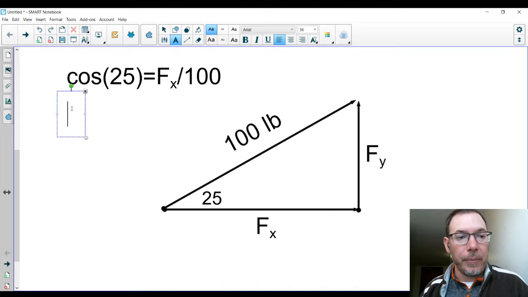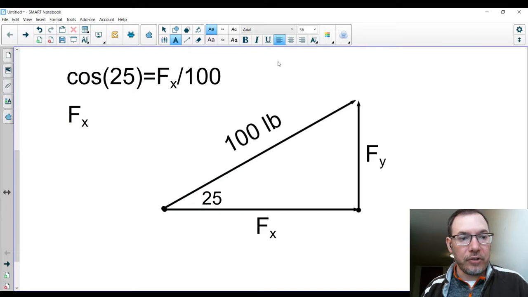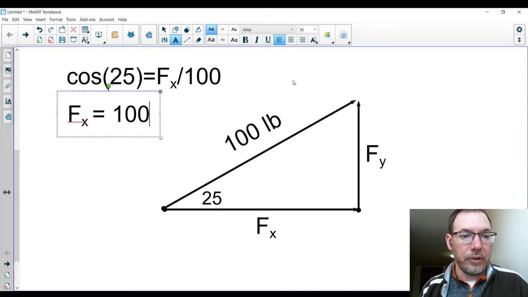and say f of x, our force in the x direction, is equal to 100 times cosine 25.